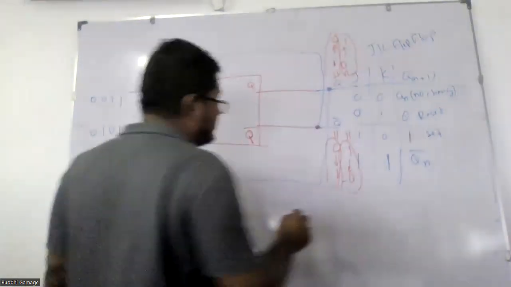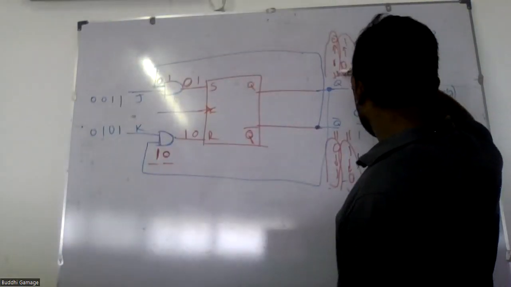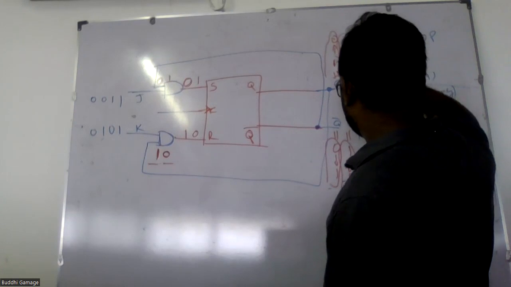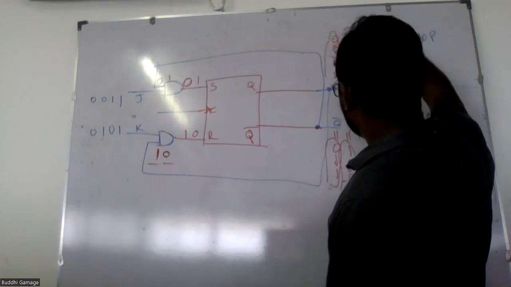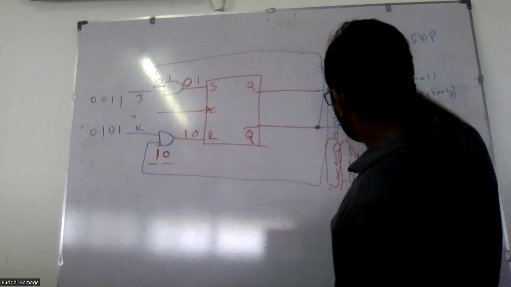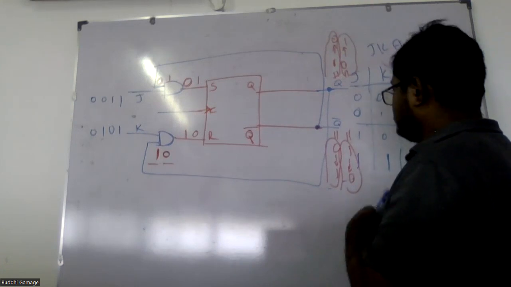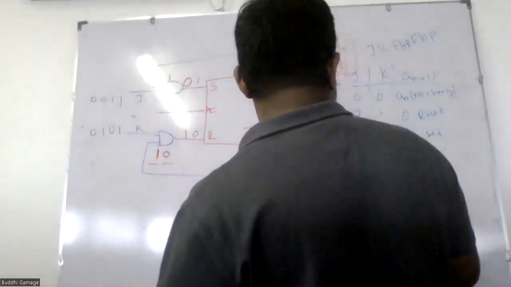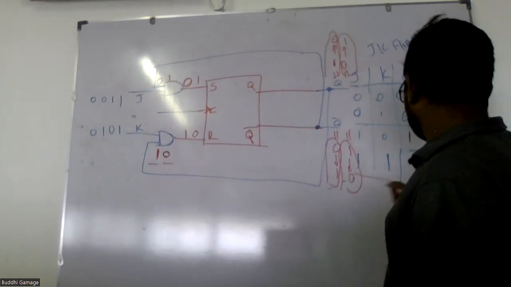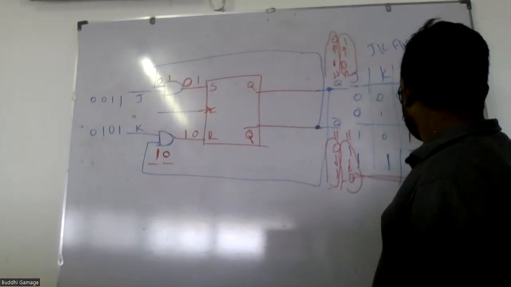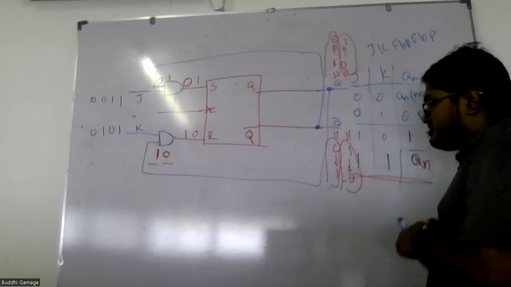So that means if Qn is 1, Qn plus 1 will be 0. If Qn is 0, Qn plus 1 is 1, which is actually the previous Qn bar, right? So we can see in this particular last state, it is going to change the value, change the previous state.